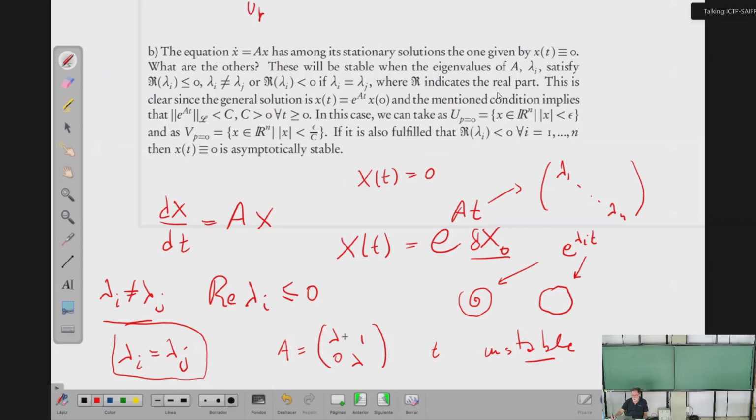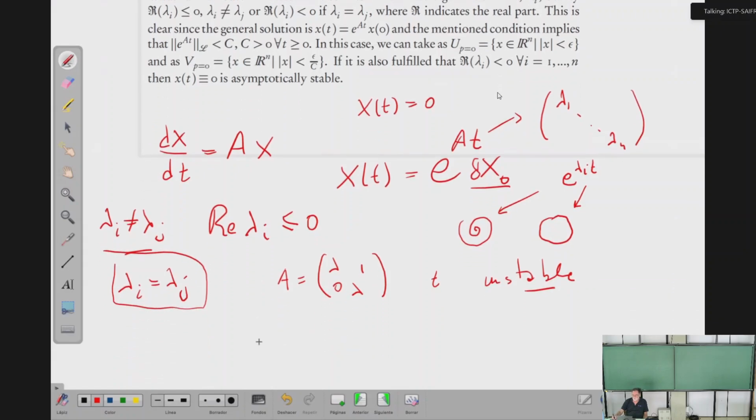Remember, when you have a matrix like that, e to the At has a part which goes like e to the lambda t times a polynomial, 1 plus t. So this t here starts growing if the real part of lambda is equal to 0. If the real part of lambda is strictly less than 0, then everything is stable.